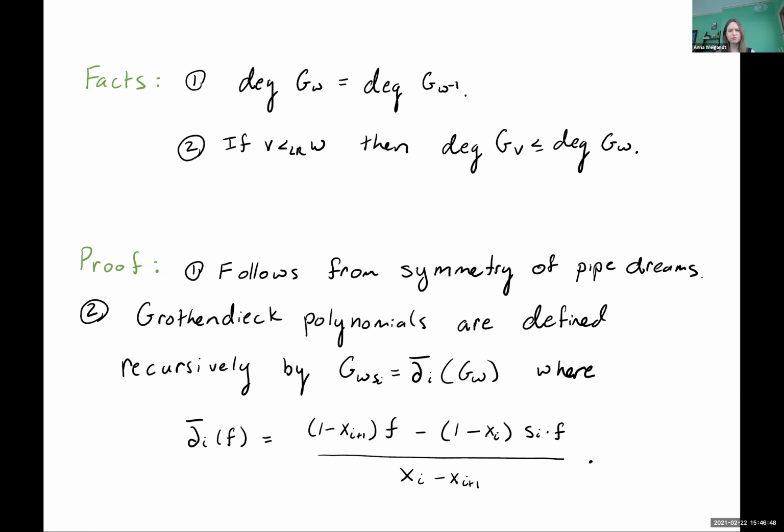And then for two, you can think about this recursive definition with these divided difference operators. And so what we're really doing is we're going down in right order. And as you apply this operator in the numerator, it possibly gets degree 1 higher, but it might have some cancellation in terms going away.